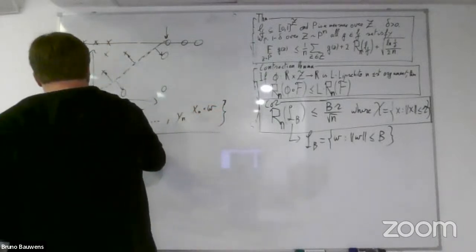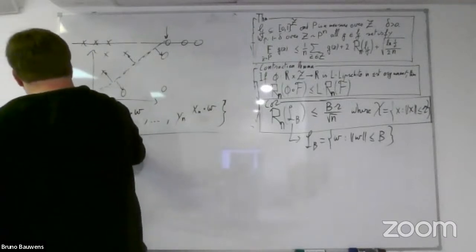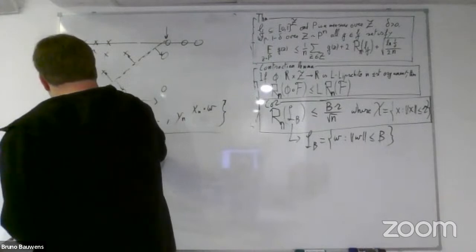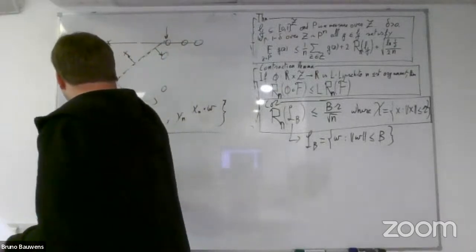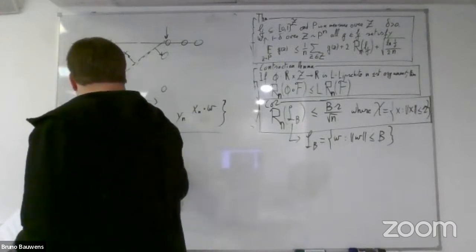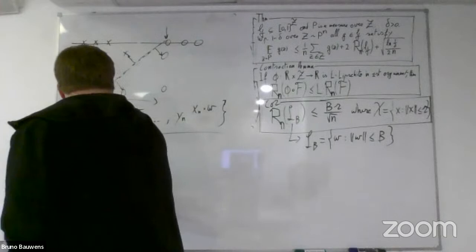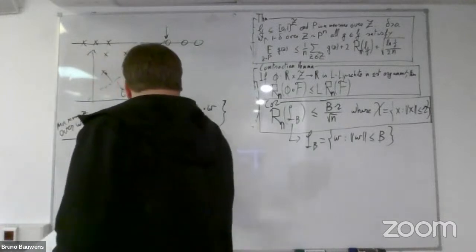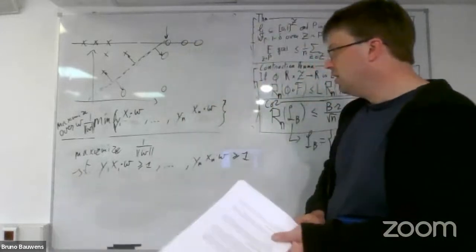The margin is the minimum, and we maximize over W. Now when we require the minimum to be 1, the problem is to maximize 1 over the norm of W such that y_i x_i times W is at least 1 for all i.